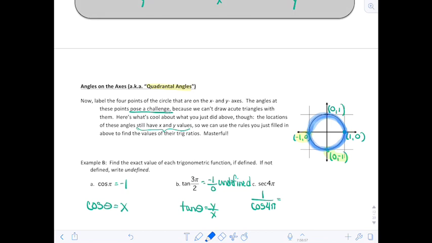So our even pi's are over there at (1, 0), and our odd pi's are over there at (-1, 0). So the cosine of 4 pi is going to be right there. And so cosine is the x-coordinate, so it will be 1 over 1, which is just 1. So the secant of 4 pi is 1.